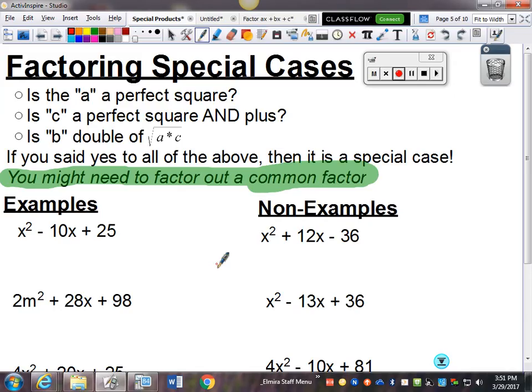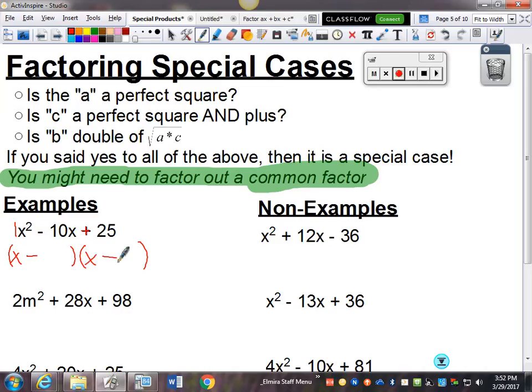Okay, so we got some examples and some non-examples. So in our first example, this has an imaginary 1 in front of it. 1 is a perfect square, x squared is a perfect square. So our A term is a perfect square, and our C is a perfect square, and it's being added. So that tells me that I can write x and x. Plus means signs are the same.